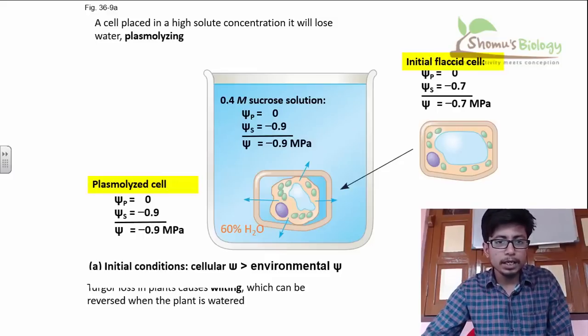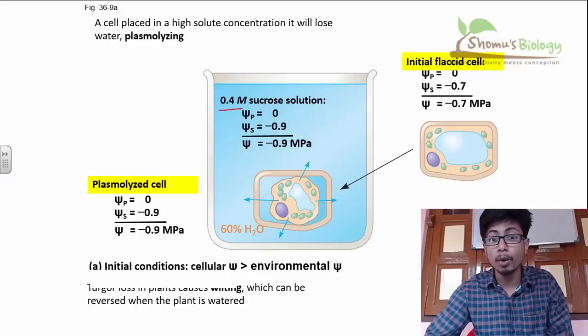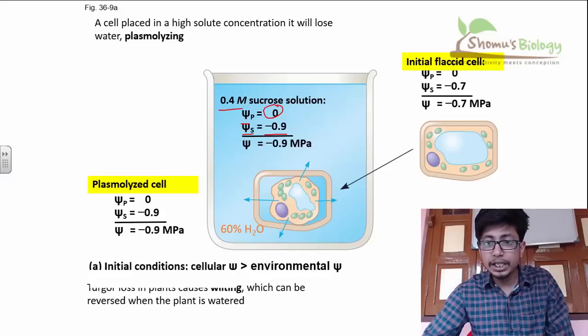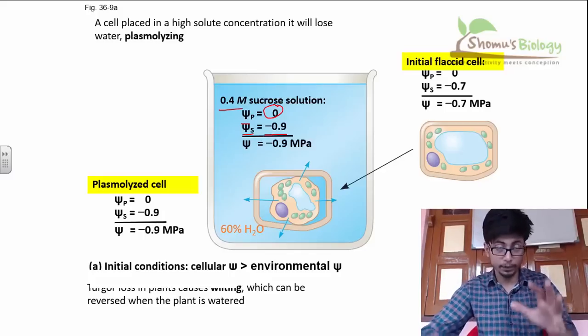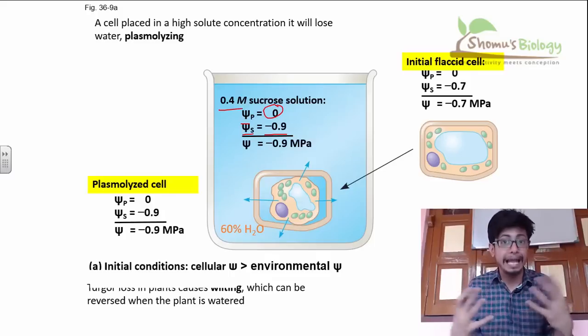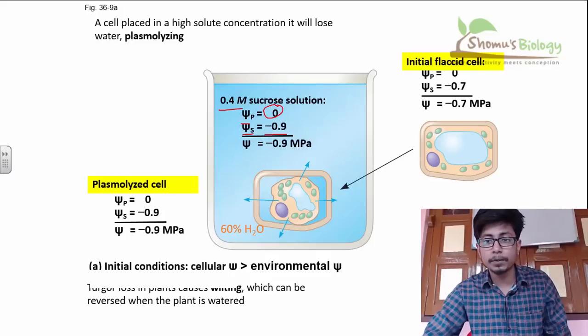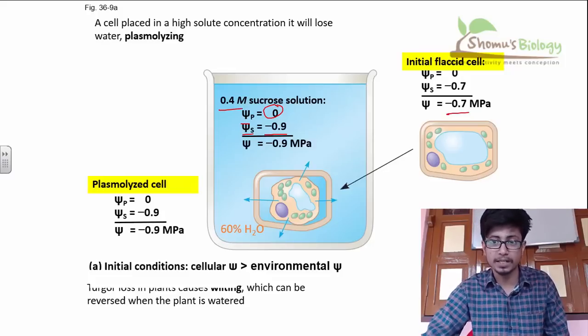For example, there is a sucrose solution and a cell is placed inside it. The solution is 0.4 molar sucrose with a pressure potential of 0 and a solute potential of minus 0.9. Now take an initial flaccid cell, a living, healthy cell, whose water potential was minus 0.07 megapascal.